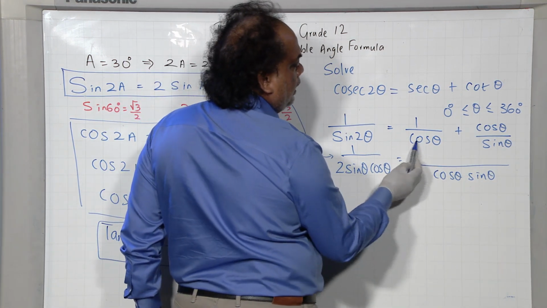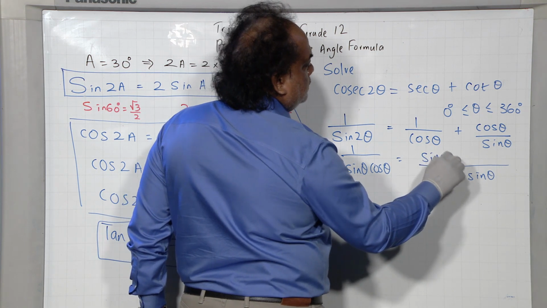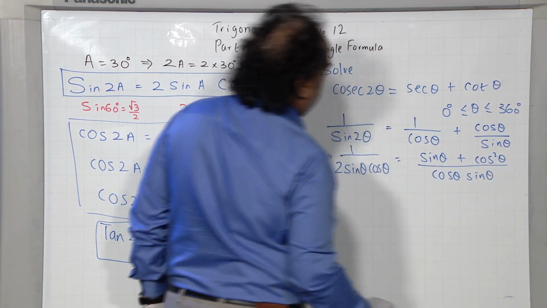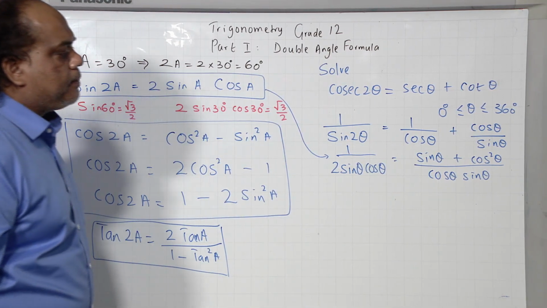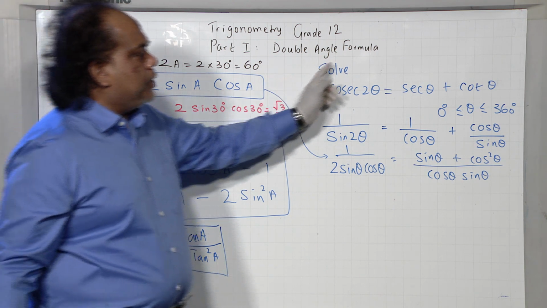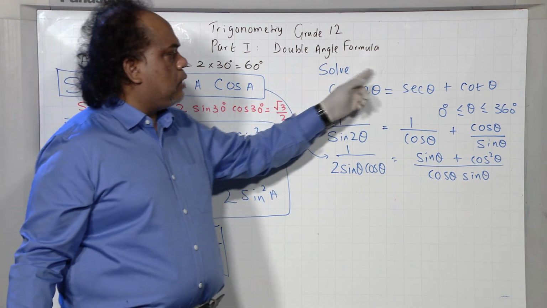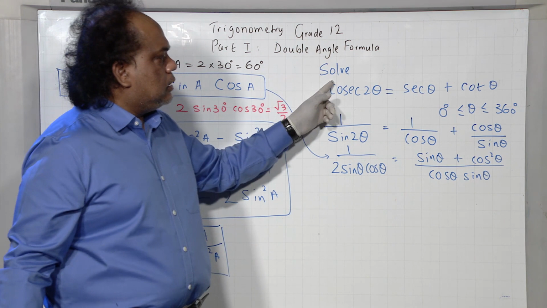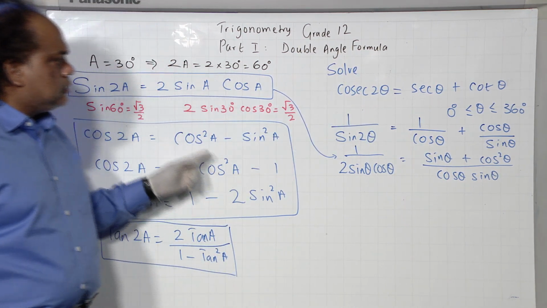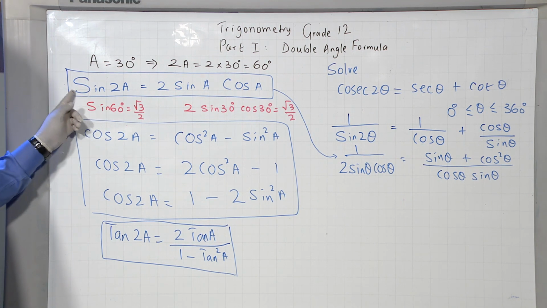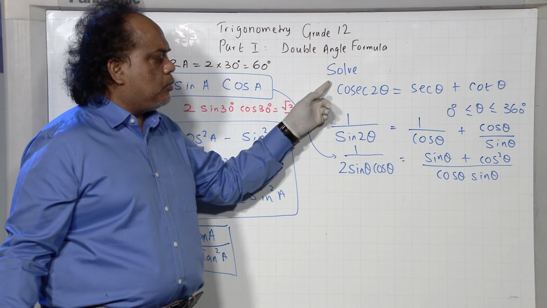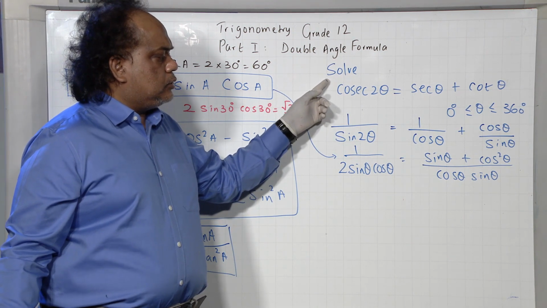So up we'll have sine theta plus cos squared theta. So I repeat it, I didn't show you how to write the formula for cosec 2 theta, but we have learned only for sine 2 theta, and this is what we have decided to use here.